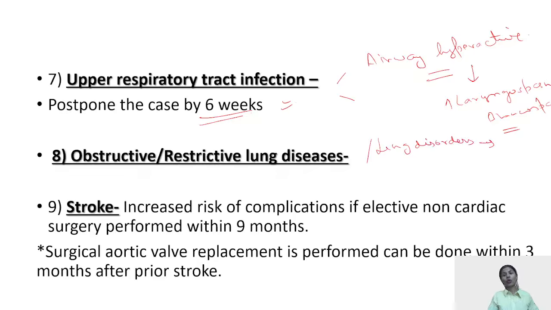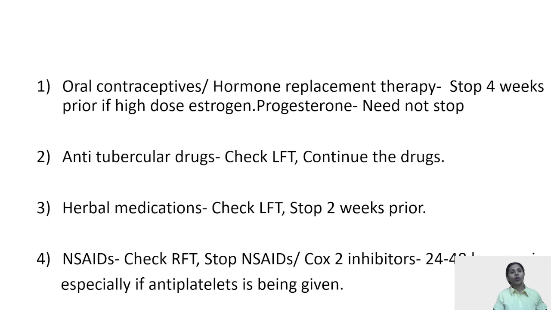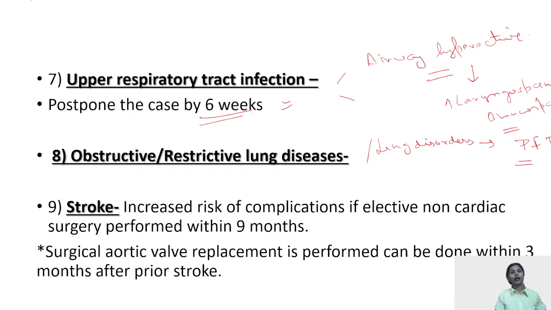Talking about the obstructive and the restrictive lung diseases, or you can say lung disorders, specific testing that is required in such cases is the pulmonary function test. Now, when we are talking about the lung disorders, one thing very briefly that I want all of you to know is, if we are dealing with the case of thoracotomies.